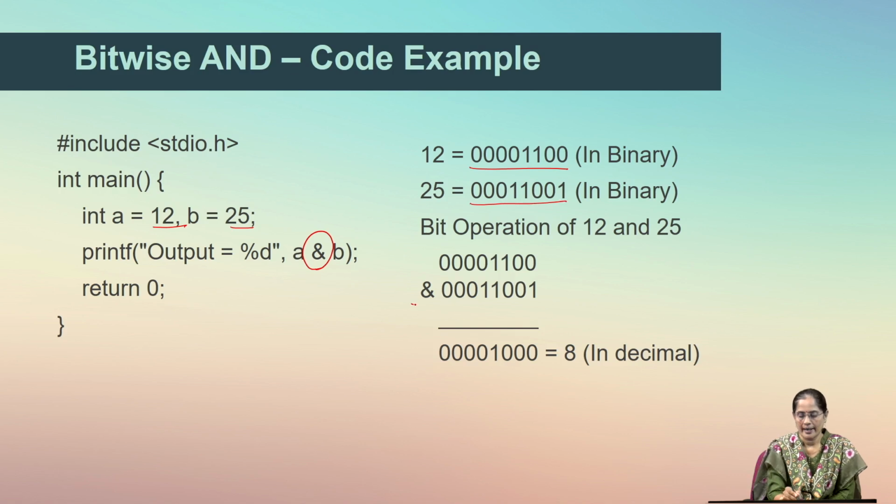If we perform the AND operation between 12 and 25, we can see that only this part has both the inputs to be ones. Hence the resultant is 1 in the output. If we again convert the binary representation into the decimal value, that is going to serve as the output of this particular code. So, when we execute this code by giving the values 12 and 25, we will get the output as 8.